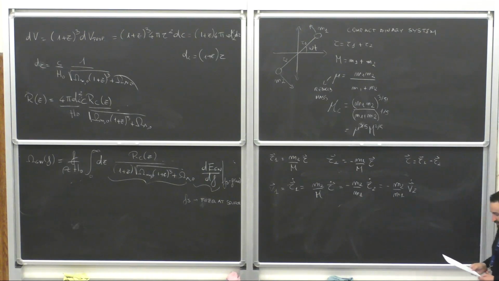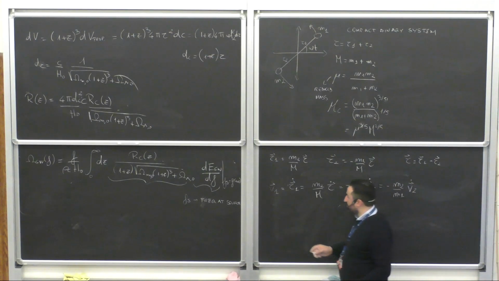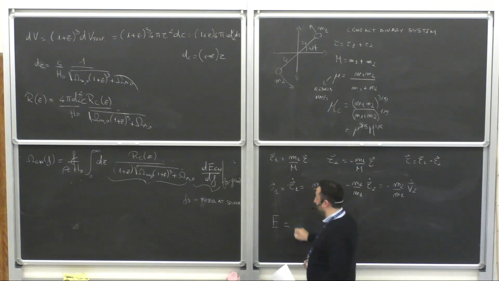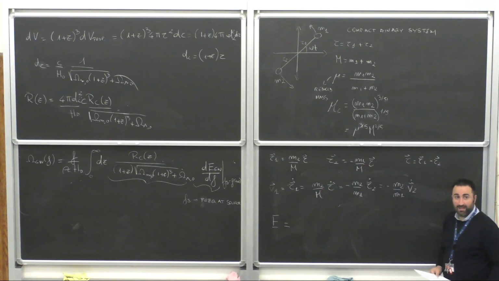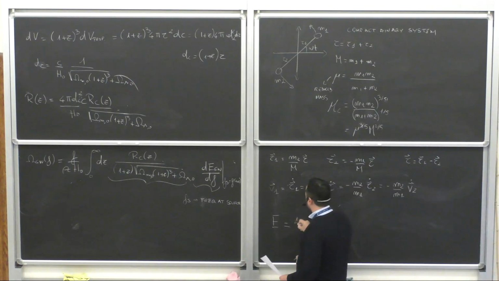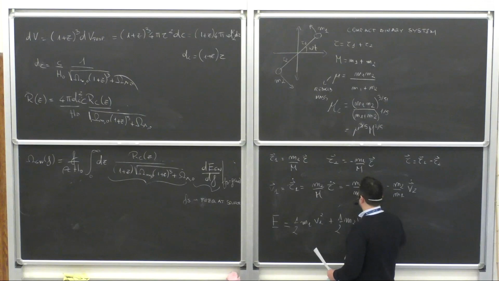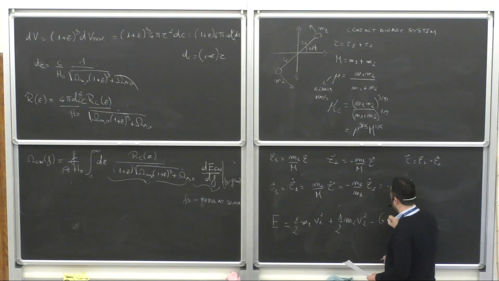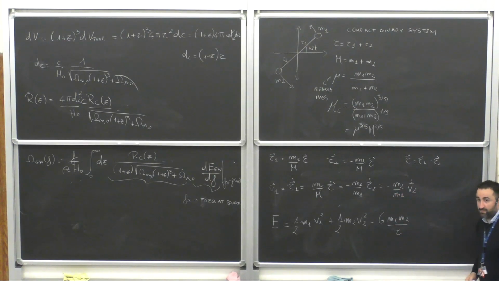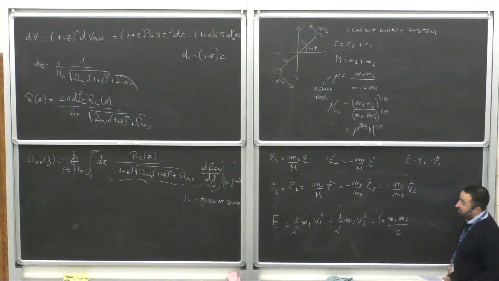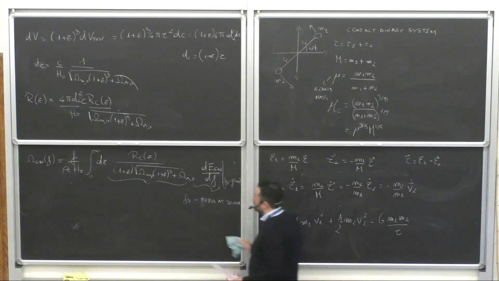Okay, so it's a simple calculation, nothing complicated. So with this, I can compute the total energy now. Okay, so the total energy will be 1 half m1 v1 square plus the kinetic energy of the second, v2 square, minus the potential energy. Okay, so let me cancel here.